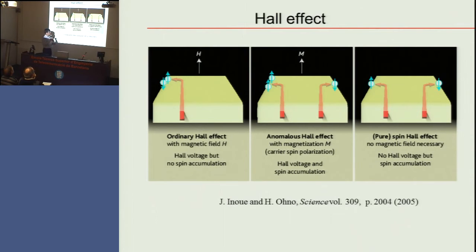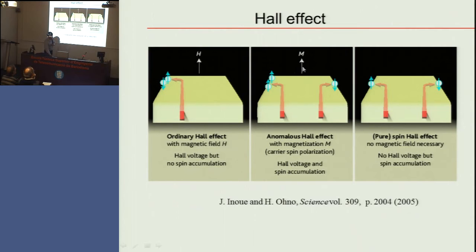But what if we have a ferromagnetic material which has some magnetization? Without a magnetic field, the material itself has a magnetization. If you flow current in such materials, depending on the spins, they deviate in this way: spin up deviates that way, spin down deviates that way.